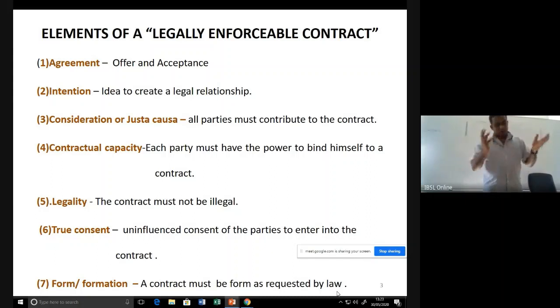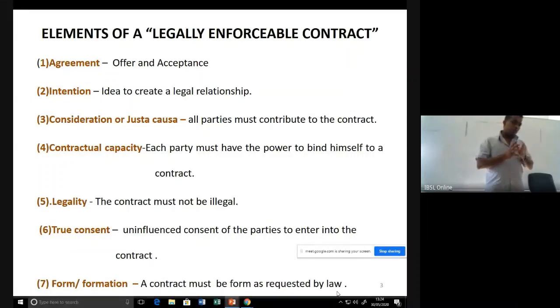Take another example. Your friend borrows money from you. He promised to pay the money, say 1 billion, with interest within 6 months' time. So you lend the money, and he enjoyed the benefit. Now after the 6-month period, he says, I'm sorry, I don't have money to pay. I can't repay. So what do you do?